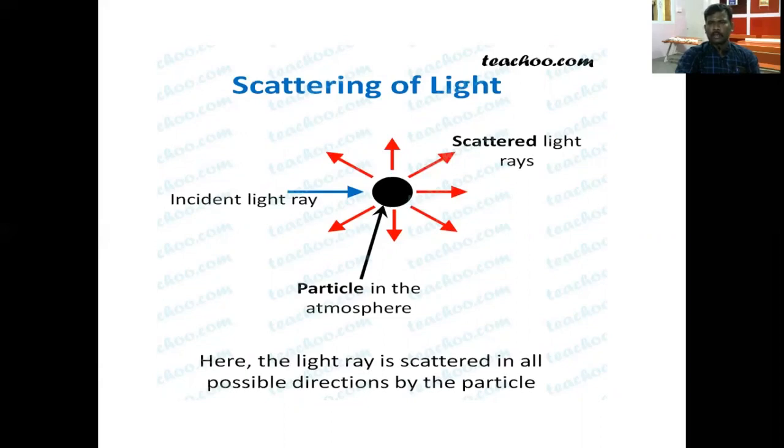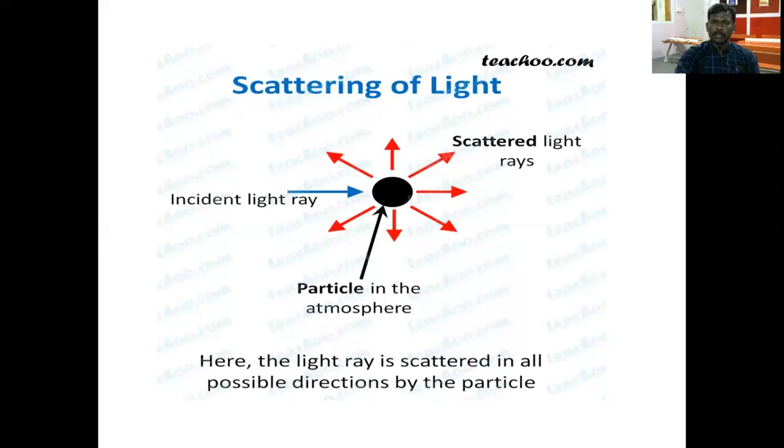So what is meant by scattering? Scattering is nothing but the reflection of the light ray by the particles present in the atmosphere, and it is reflected in all directions, not only a particular direction. That is the statement for scattering of light.